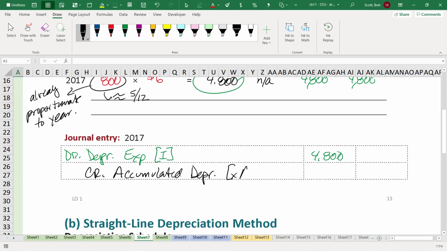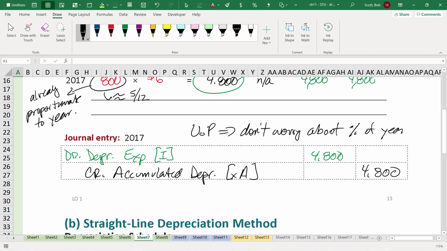That's a contra asset, 4,800. Boom, let's move on. So key thing to realize that under units of production, we don't worry about percentage of the year. We don't have to. It's already kind of baked into the 800 hours in this case.